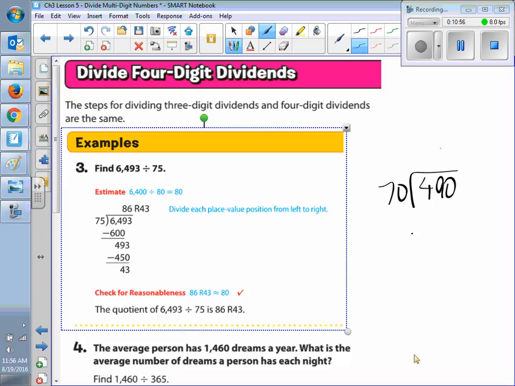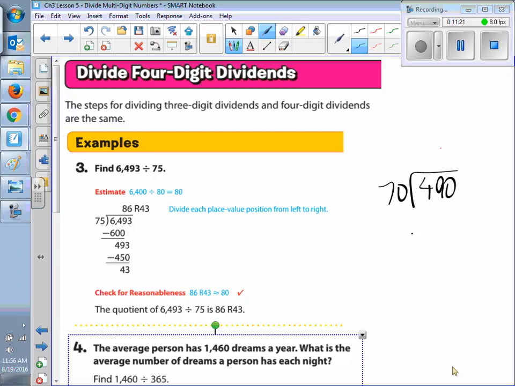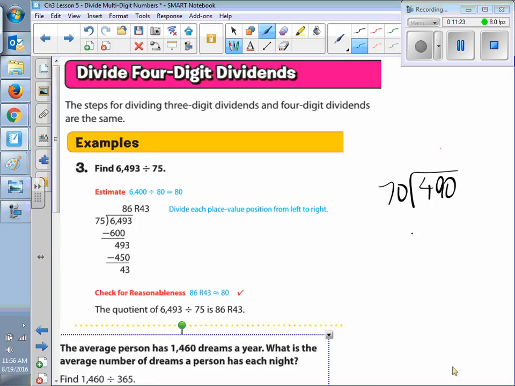What's 7 times 7? 49, right? But if I have that 5 in there, it's going to make it much higher. So rather than doing 7, we're going to divide 6. Does everybody see how we figure that out? Okay? So 75 times 6 is 450. We subtract, and we get a remainder of 43. You got it? Yes. Awesome.